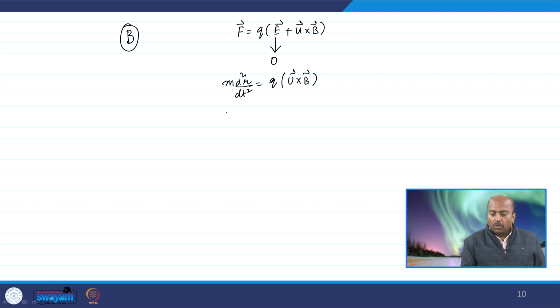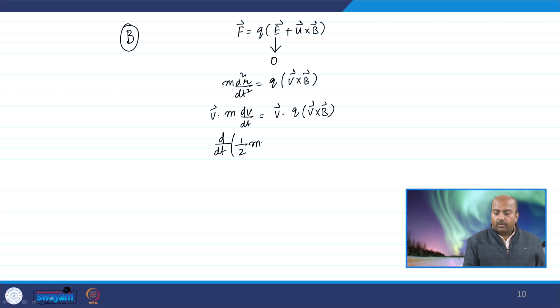We can simply modify this expression: m v dot dv/dt is v dot q times (v cross B). I'm just referring to the velocity. So, this can be written as d/dt of half m v squared, and the divergence of curl, we know that the divergence of curl is 0.